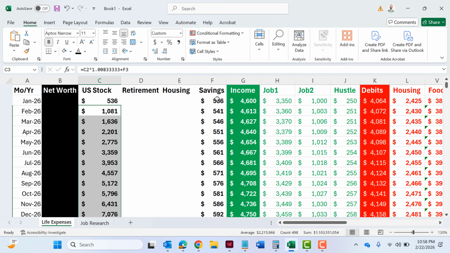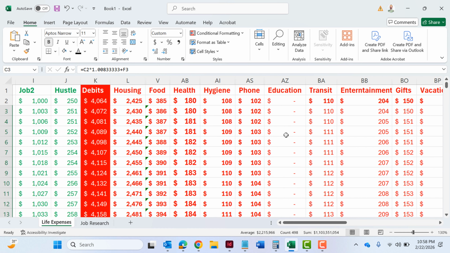You take what you have extra every month and you put it into these investments, and then you can pull that down and you can see, okay, where am I going with this? So that's what I want you to do. I want you to go through here and pull all of those down to retirement.